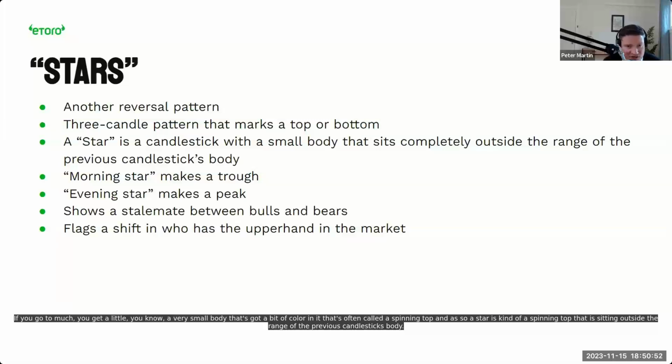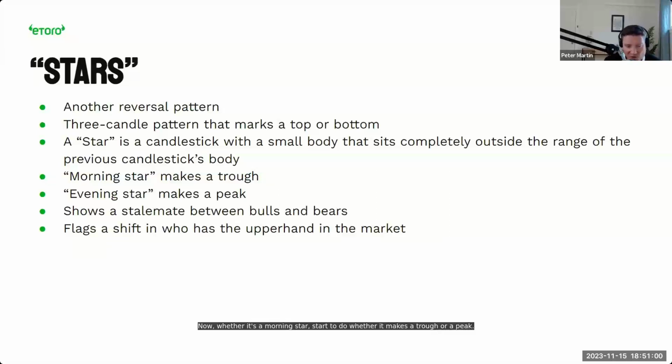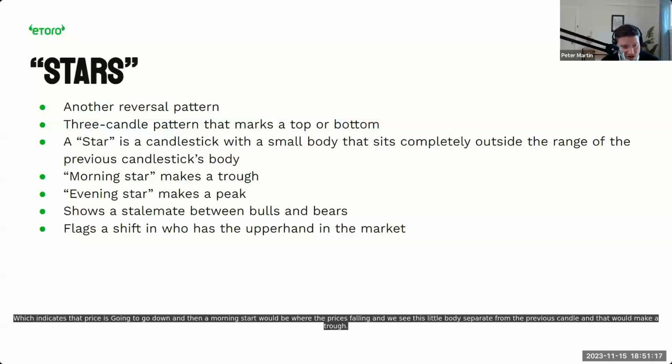And so a star is kind of a spinning top that is sitting outside the range of the previous candlestick's body. Whether it's a morning star or an evening star depends on whether it makes a trough or a peak. If you see this small body sitting separate from the previous candlestick, and prices have been rising, then that's an evening star, which indicates that the price is going to go down.